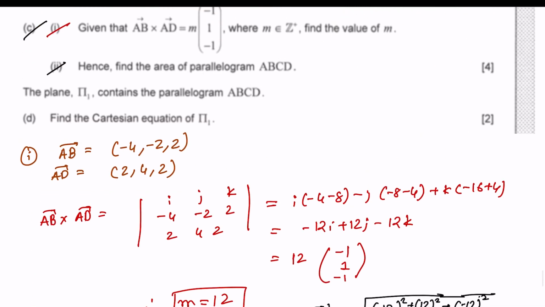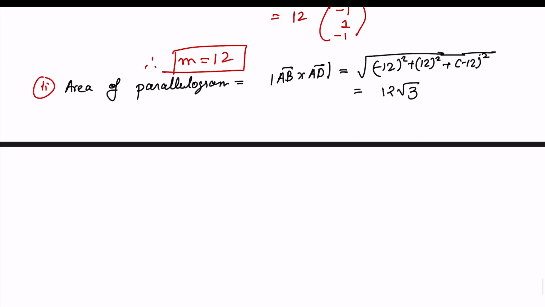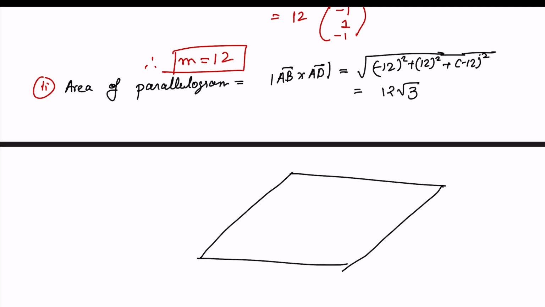Now next we have a plane, pi 1, which contains ABCD. We need the Cartesian equation of pi 1. So this plane contains our parallelogram, right? So AB cross AD, this cross product will give me a vector which is perpendicular to this plane.